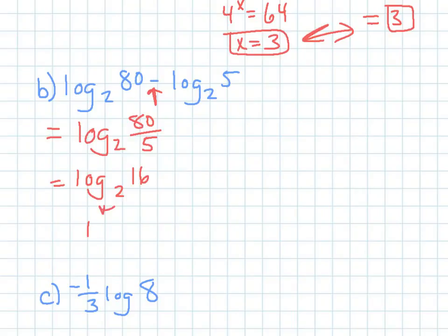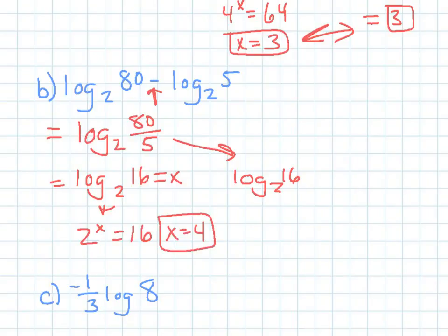So I could either set it equal to x and get 2 to the x equals 16, which would give me x equals 4. Or I can reverse this and write this as log of 2 to the 4th base 2, and so then that gives me 4 as a value, which both are the same answer.